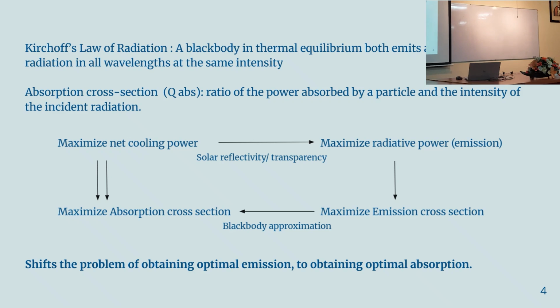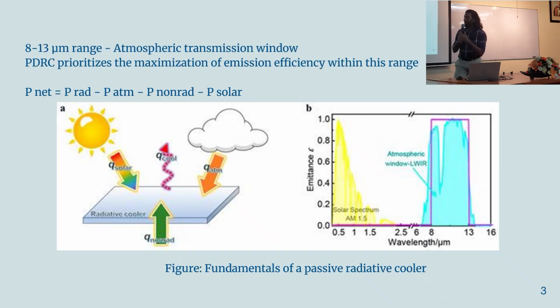To do that, we can go through a couple of steps which we make as an informed approximation. The first is solar reflectivity and transparency. If we go back to this diagram here, this is the solar spectrum.